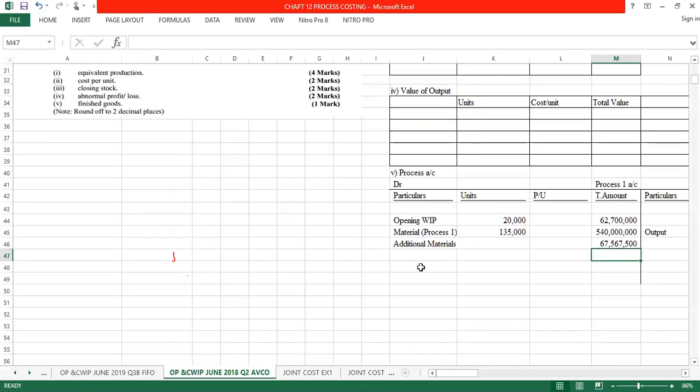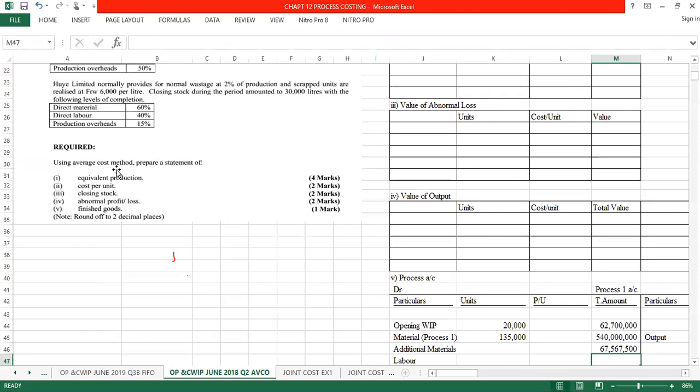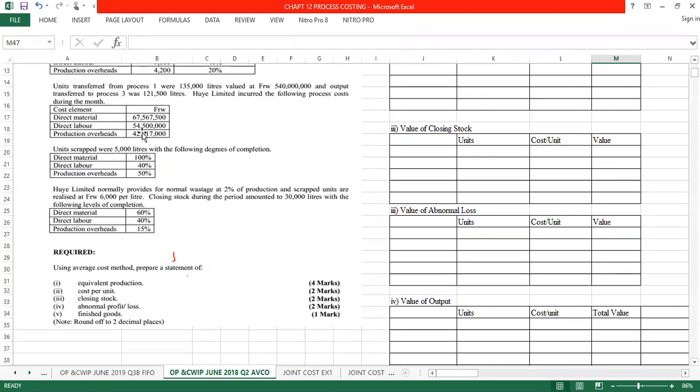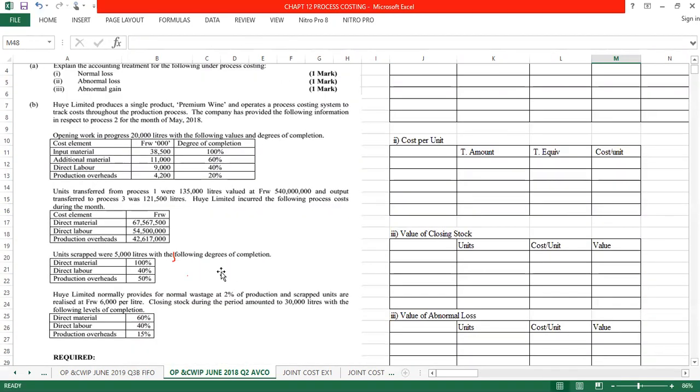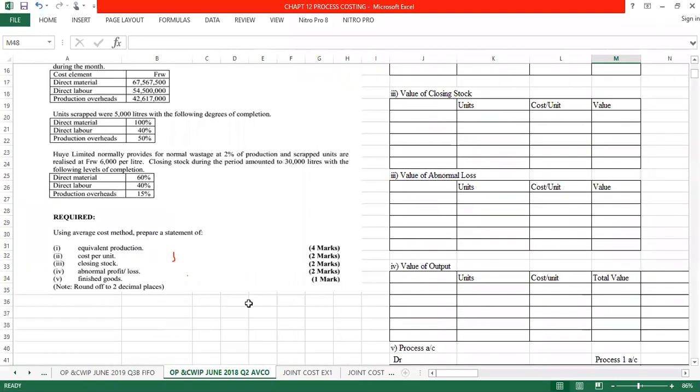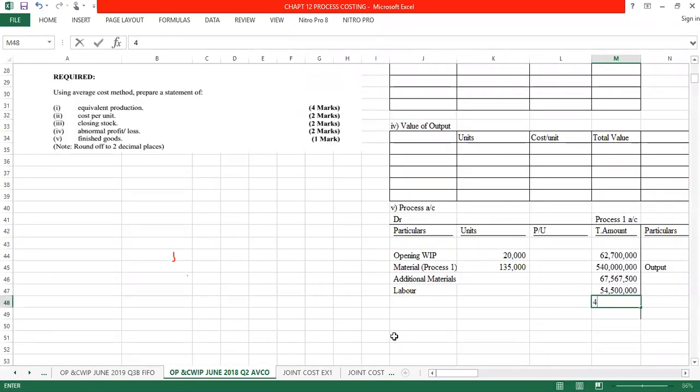Next, direct labor. Labor is 54,500. And then 42,617,000.